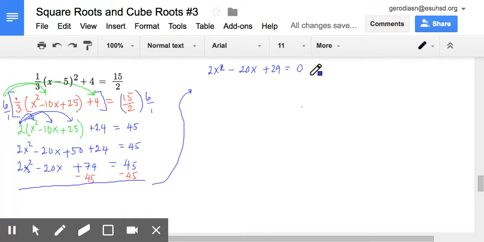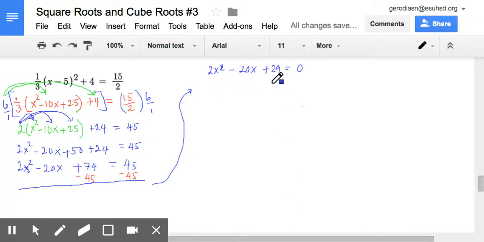Now this becomes a quadratic equation where A, B, and C are not zeros. So we are going to apply either the quadratic formula, completing the square, or factoring. But factoring is kind of not easy to do here with these numbers.